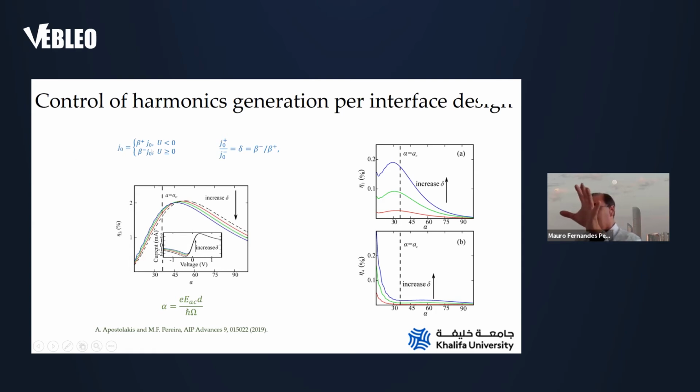So this is a phenomenological design by just changing these ratios between the peak currents here and there. The peak currents and the turning voltages are connected in our theory, so we just have to change one, and everything else is connected.